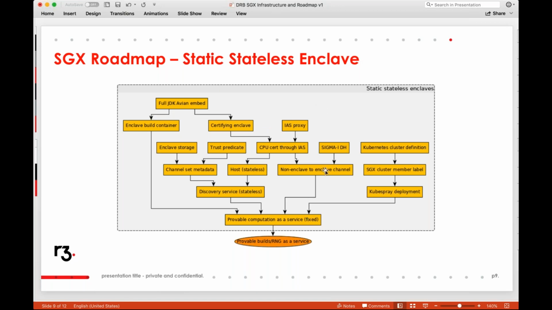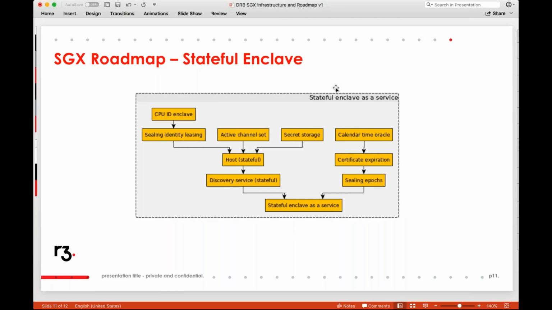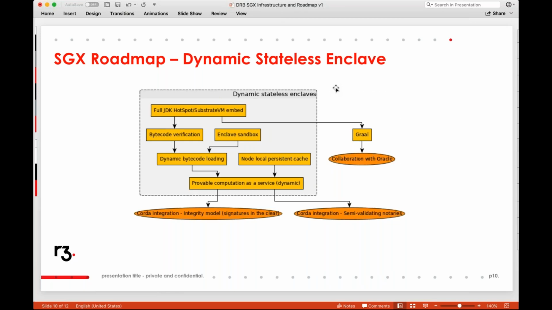Should we start integrating once we have this static stateless enclave structure in place, in which case we would need hard-coded Corda enclaves, or should we do dynamic enclaves first, so we can load the contracts on demand, or perhaps start doing the stateful stuff, which is the hardest part? That's the question I would pose.